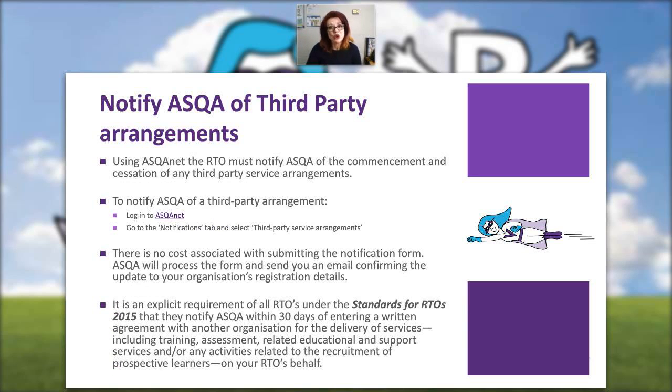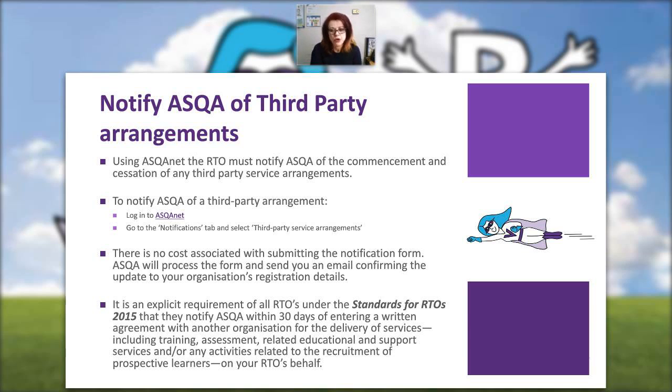I should clarify that there's no cost from ASQA for you to notify. There will be a cost to you because you'll need to manage that monitoring arrangement and things like that, but ASQA do not charge you any fees for that. And they will confirm that they've received that form through ASQAnet.